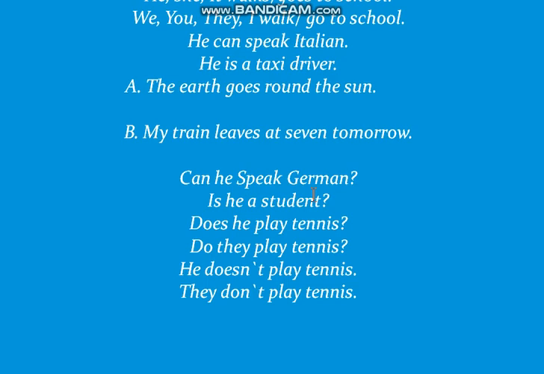But in case of not having a helping verb in simple present tense, for the third singular person, you've got to use doesn't, and for the rest, don't. He doesn't play tennis. Again, as you can see, there is no S or ES attached to the verb. They don't play tennis.